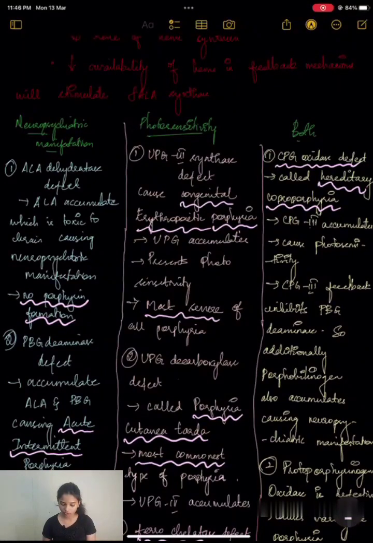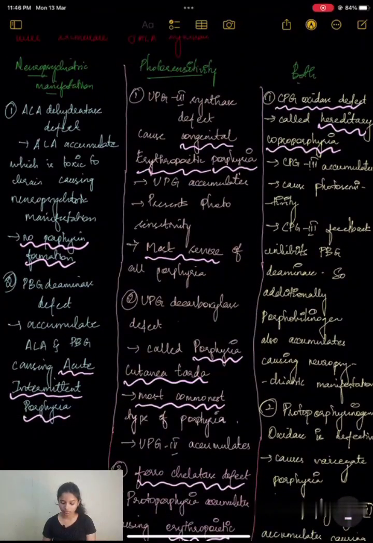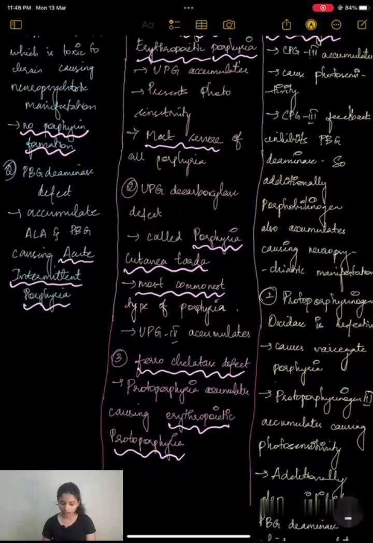So additionally porphobilinogen accumulates, causing the neuropsychiatric manifestations. In both of these enzymes, CPG oxidase and PPG oxidase, both neuropsychiatric and photosensitivity manifestations are seen.